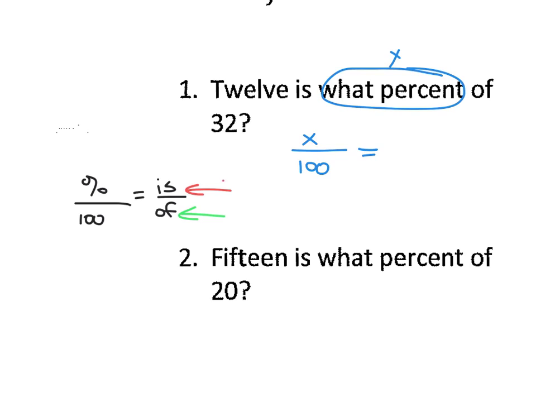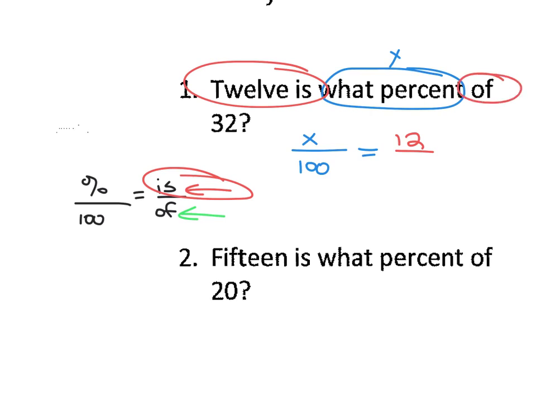So this is where we use our keywords. 12 is next to 12, so that means that 12 is our part out of our whole. So 12 is on top. Now we have of 32. Remember that we have is over of, and the word of will usually represent our total. So our total goes on the bottom.